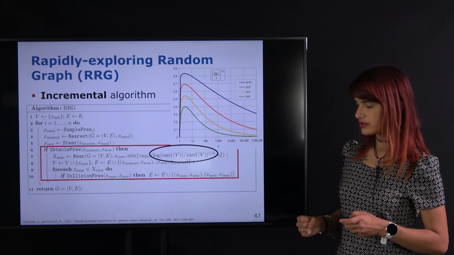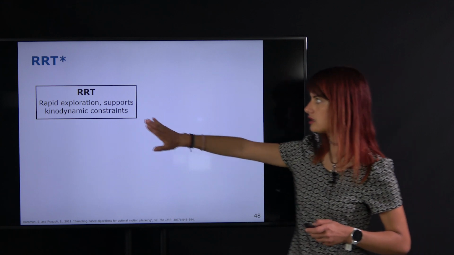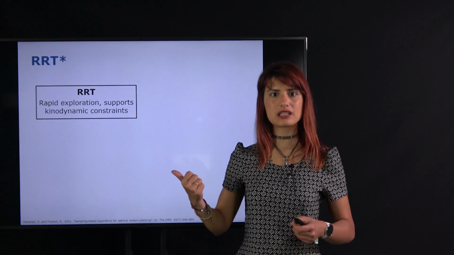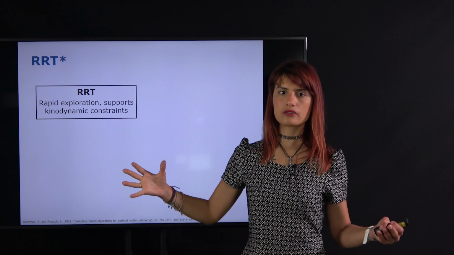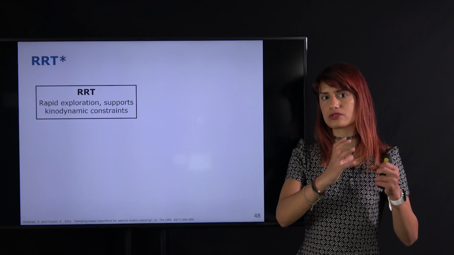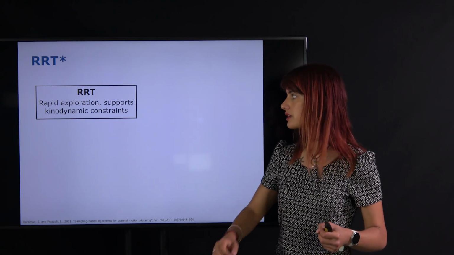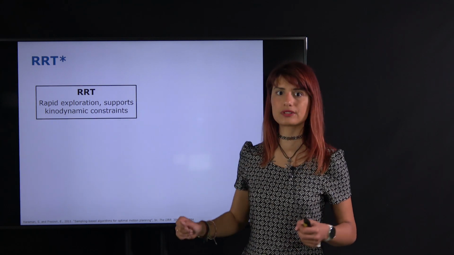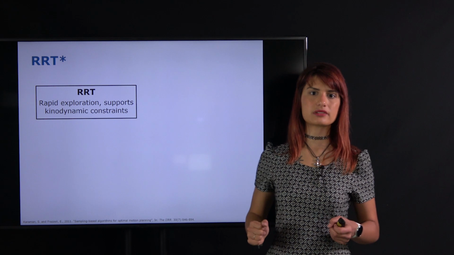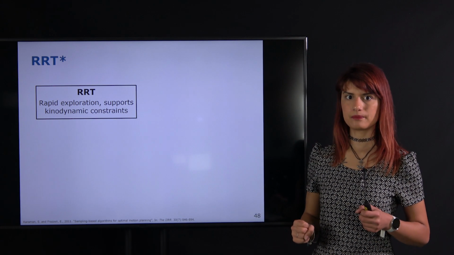So let's try to put these together and consolidate these ideas. So we have so far the rapidly exploring random tree, which gave us rapid exploration, quickly covering the space. And if we give it enough time, it can also get very dense to capture the connectivity. It is probabilistically complete, and it also supported kinodynamic constraints because we could sample control inputs from a particular configuration that is at the leaf of the tree.